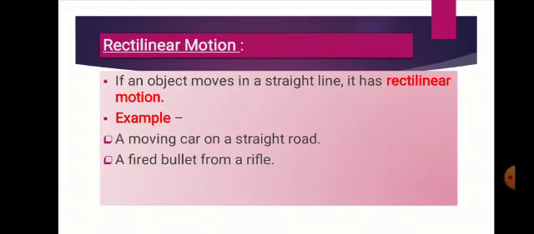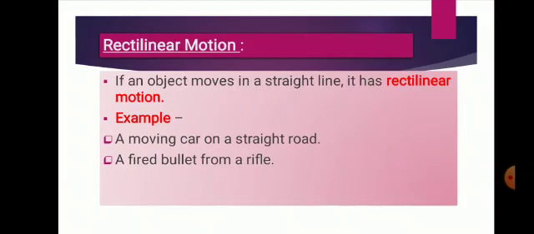Examples: a moving car on a straight road, a bullet fired from a rifle. See, the movement of a bullet fired from a gun is an example of rectilinear motion. When a bullet is fired from a gun, the bullet moves in a straight line.